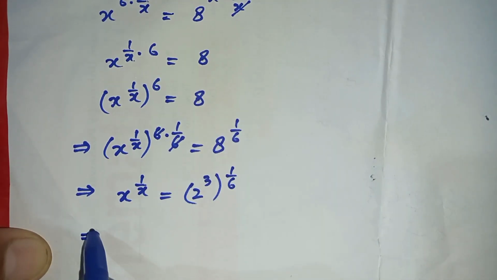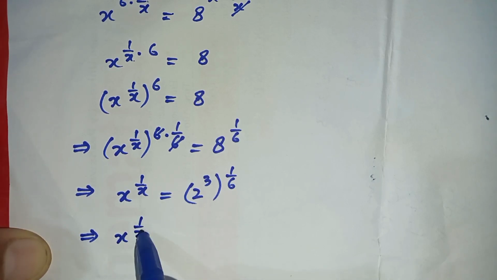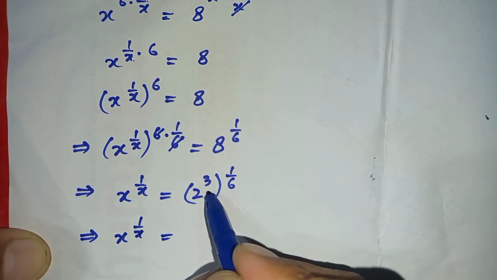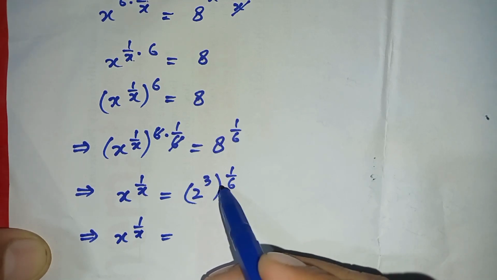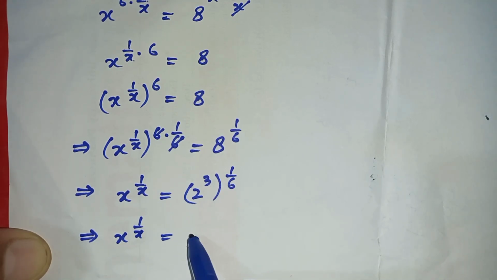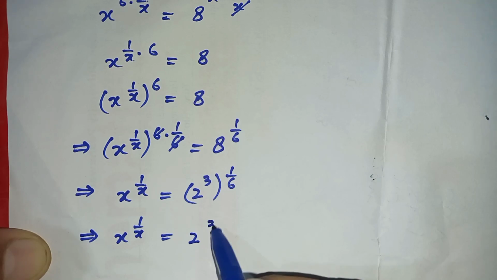Next, we will further simplify the right hand side. So we will write the left hand side as the same, and here again we will use the same above exponential formula, and we will multiply the powers with each other. So it will become 2 raised to power 3 times 1 over 6. Here we will simplify these two powers.